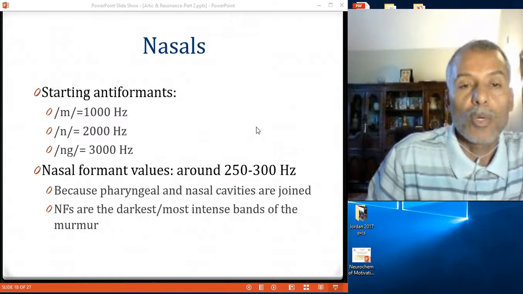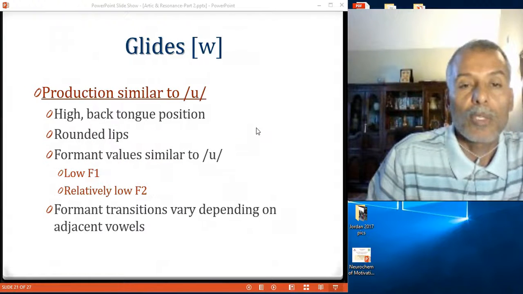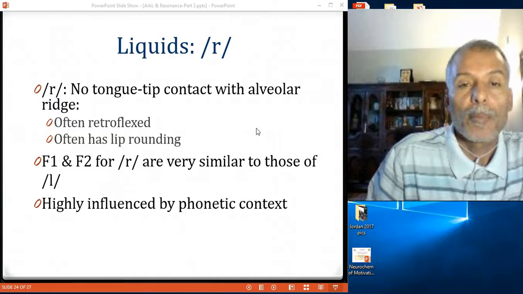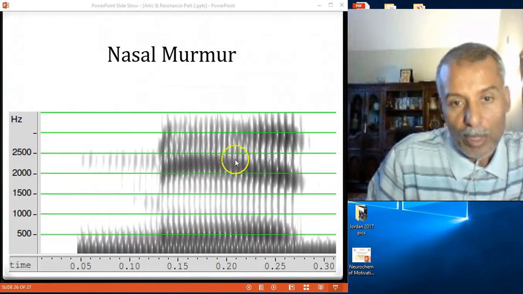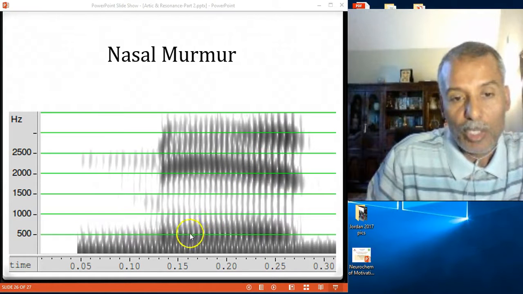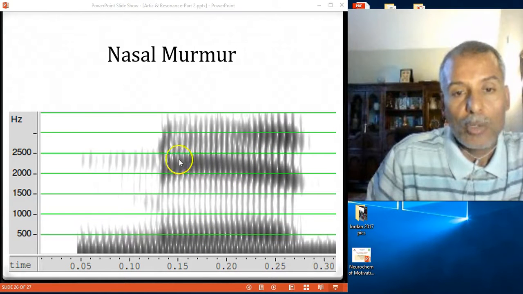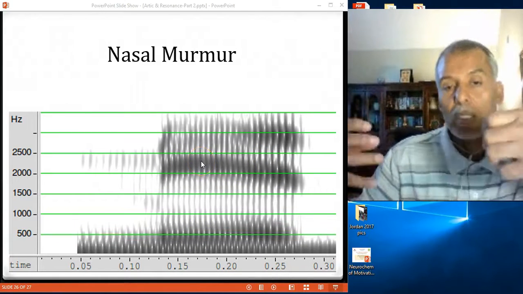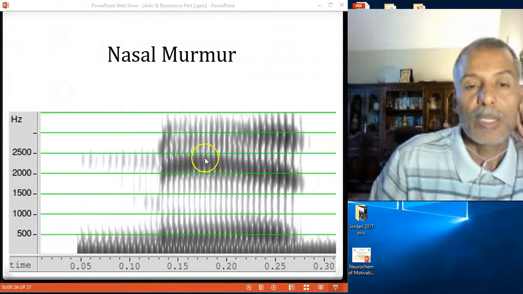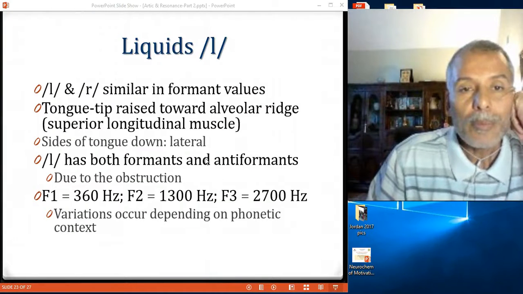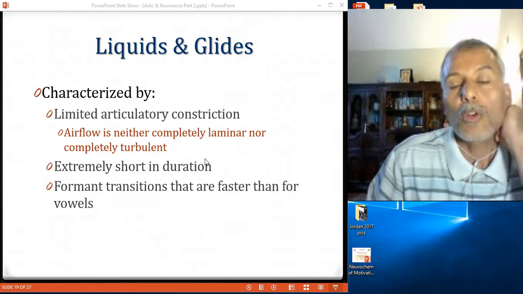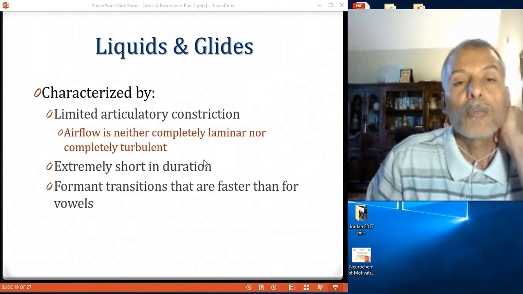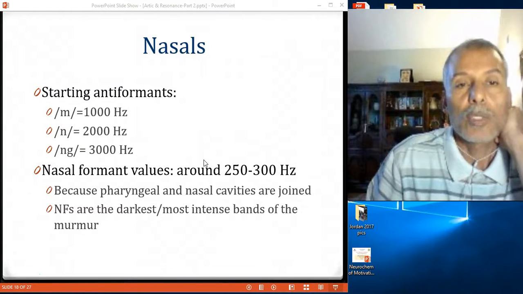And I'm going to show you what antiformants look like. See, these are vertical bars that are not closely adjacent to each other. And that shows you that the energy is not very intense. Antiformants also occur in the production of the L and R, as we will see.